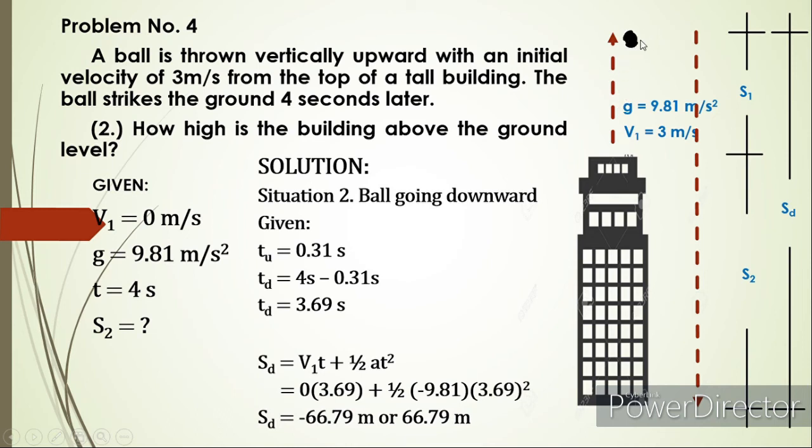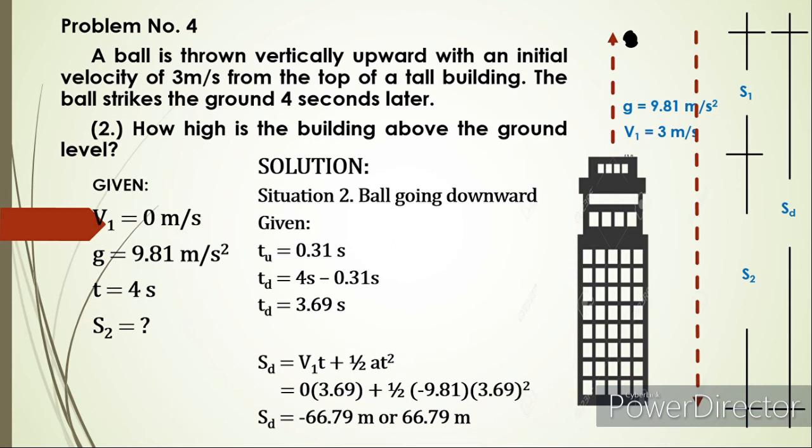Then, pagkadating niya sa pinakatuktok, syempre, bababa yun, malalaglag yung bola. Yung total na tinravel nung mula pagkahagis sa kanya hanggang siya ay makarating dun sa lupa ay 4 seconds. Pero nung sinolve natin kanina, yung pagkahagis pa lang pataas, meron siyang time na 0.31 seconds.